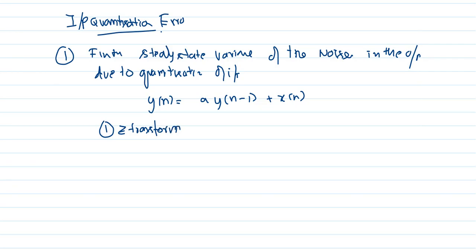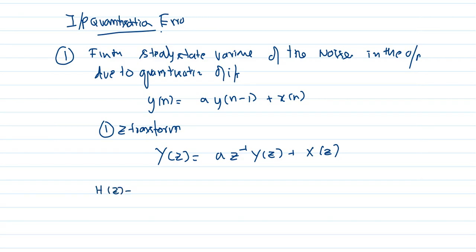Since no initial conditions are given, we can directly write it as y of z is equal to a. For y of n minus 1, we can use the time shifting principle. So it is z inverse into y of z plus h of z. Okay, now we have to find the system function.